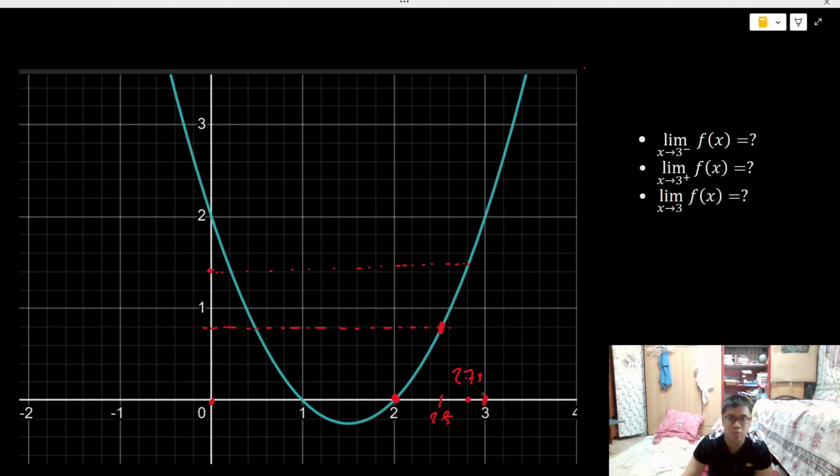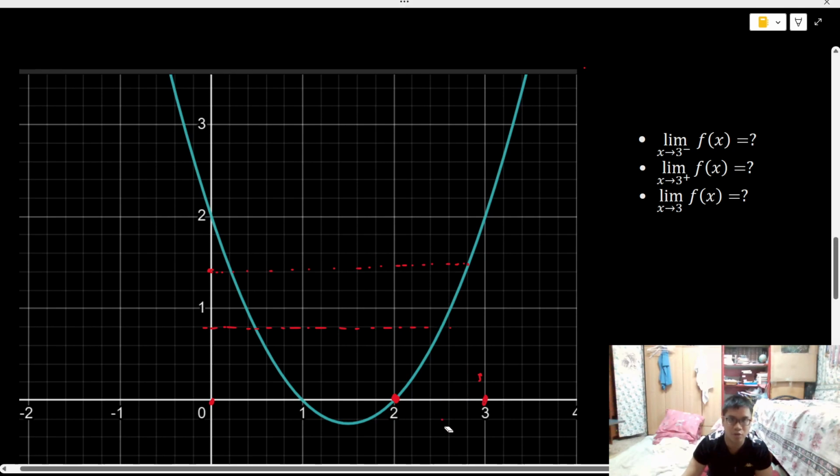What if we get even closer and closer to 3, let's just say here, like this point? Your y value is getting closer to 2. So that means as we approach x values to 3 from the left, it approaches 2.